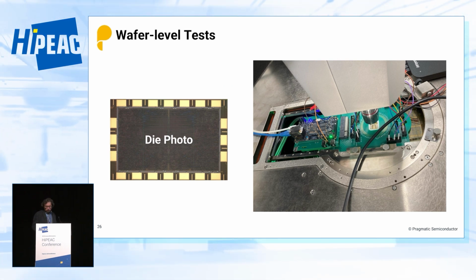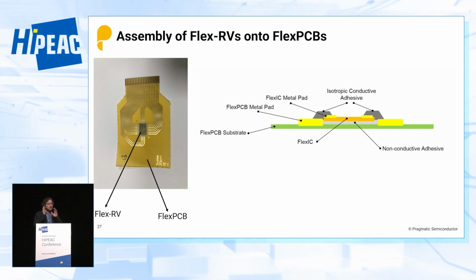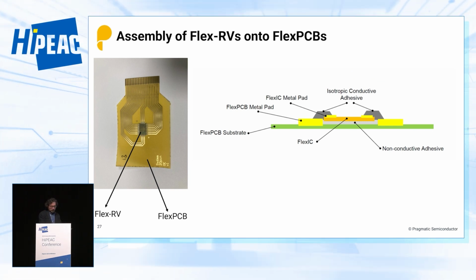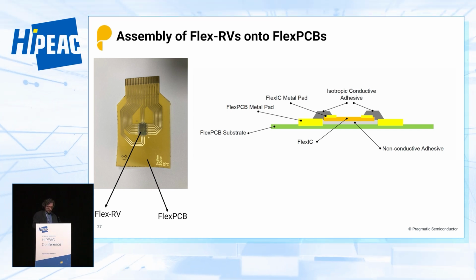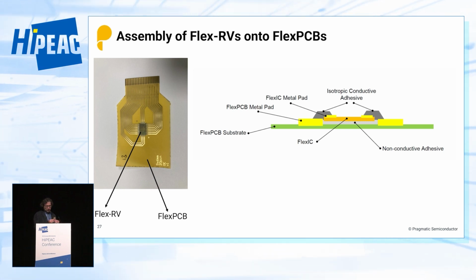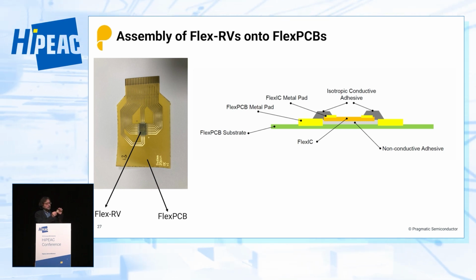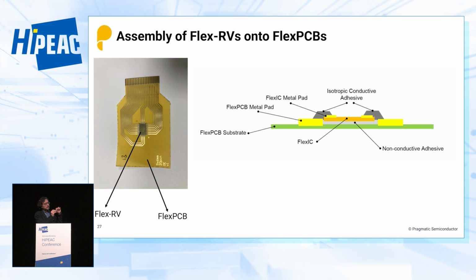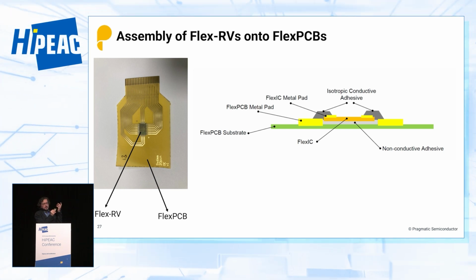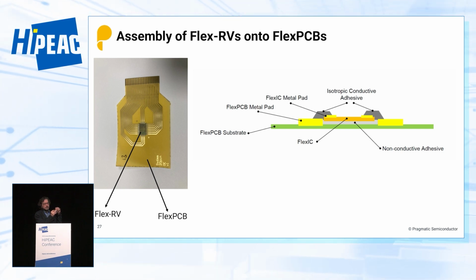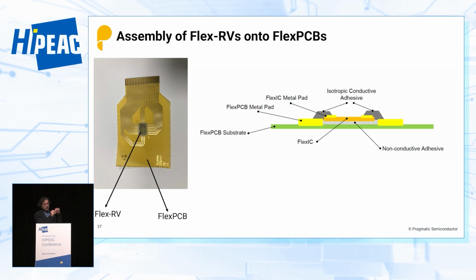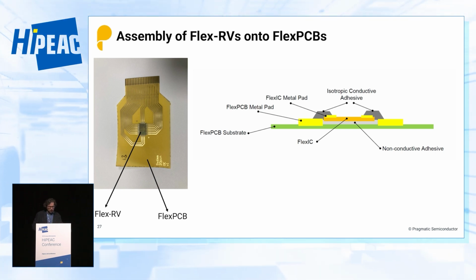Once you identify the good ones, you tell the dicing team to dice them and integrate them into a flexible PCB. I have the same one here. I'm holding it. The big one is the PCB, and that little rectangle is the chip. We don't do the PCB. You can get it from anywhere in Europe or Asia, from a PCB manufacturer, but the chip assembly is done in-house.